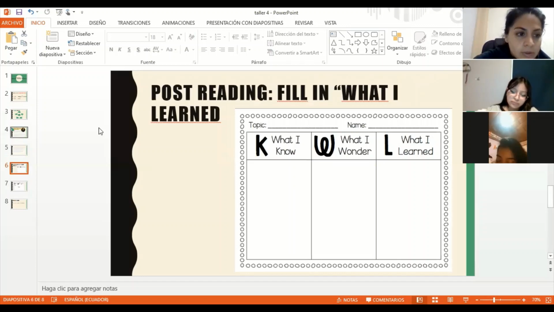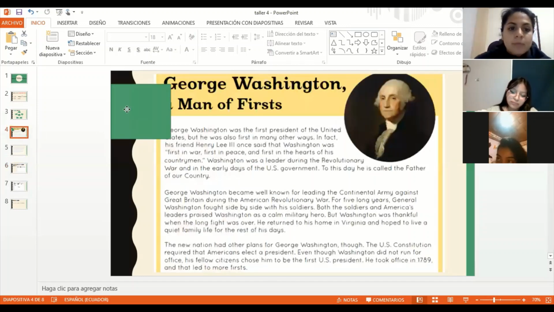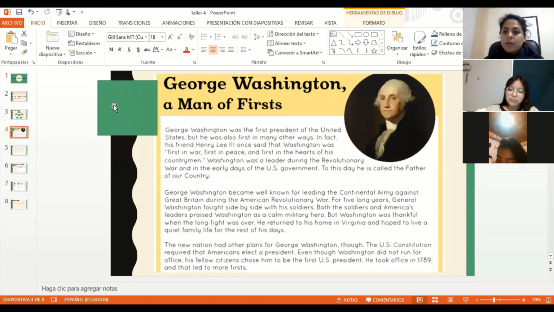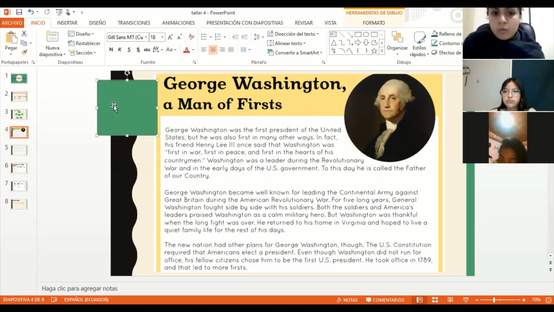Okay, so I have sent you the document, the PDF for this text, this biography about George Washington. Now you could follow along with me on the PowerPoint, or if it's not clear you could pull up the PDF, all right? So please keep in mind, while we read, we have to think about the general idea of this text, okay?